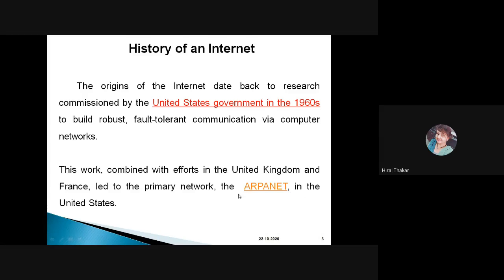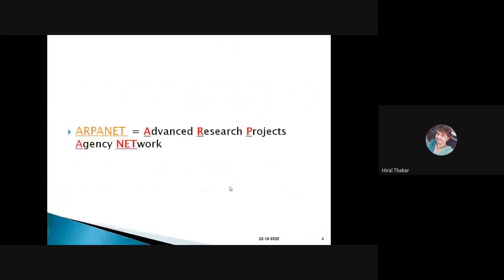Why was it known as ARPANET? Because it was developed by the Advanced Research Project Agency. That is why the name given to it was ARPANET.